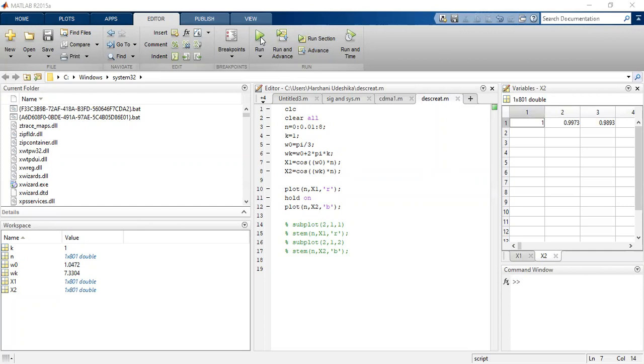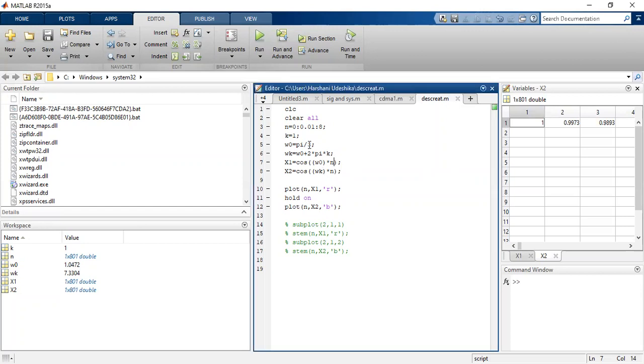Sorry, omega k will be 7 times 5/3, no? 5/3 plus 2π times 5/3... that means 7 times 5/3.